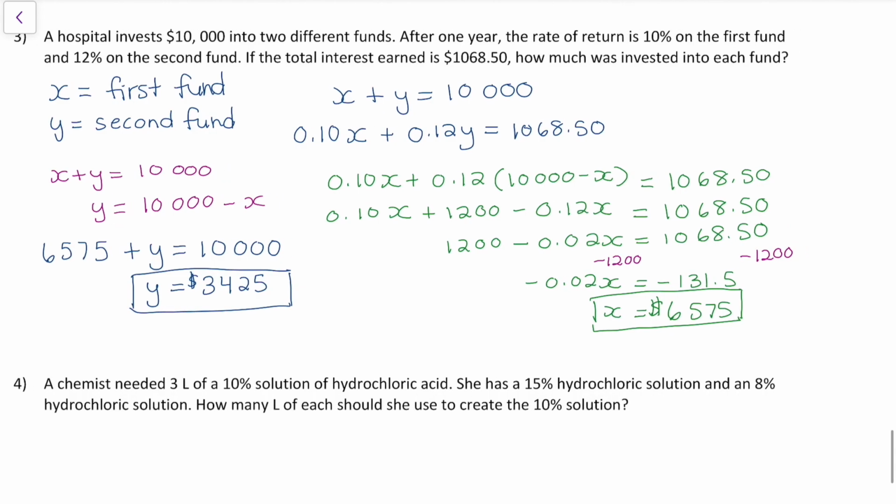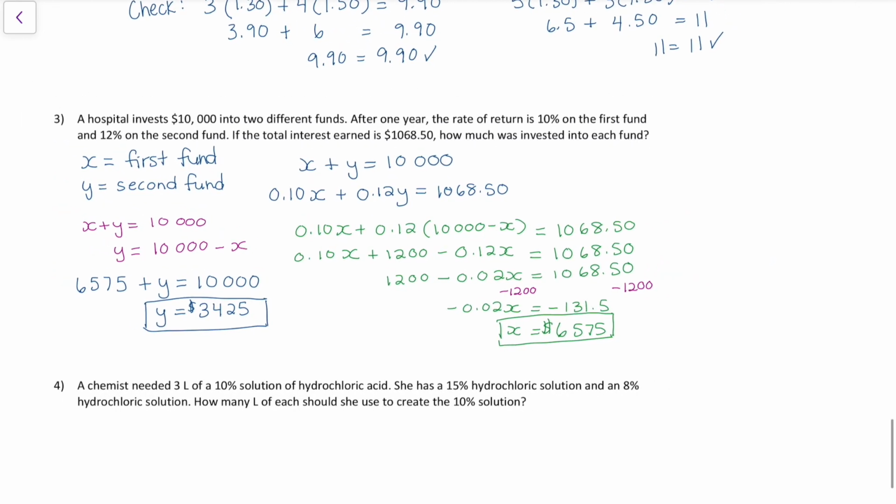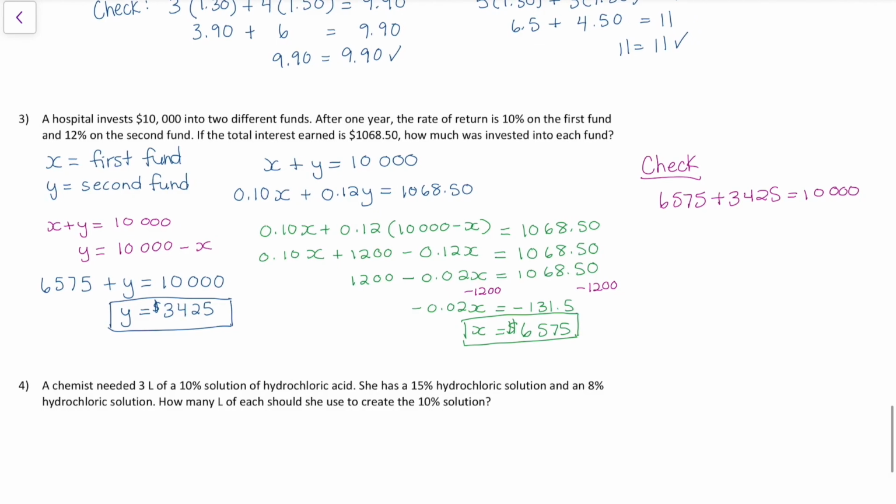And we're just going to do a check. So 6,575 plus 3,425 should equal 10,000. And it does. So we know we did that one right. The real test is the second equation here.